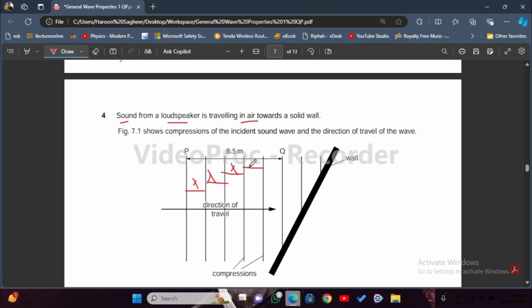Yeah, 1 2 3 4 5. So that distance from P to Q is the distance of 5 independent wavelengths. So let's find the distance of one wavelength. That would be divided by 5. So it is 8.5 divided by 5. It is 1.7.